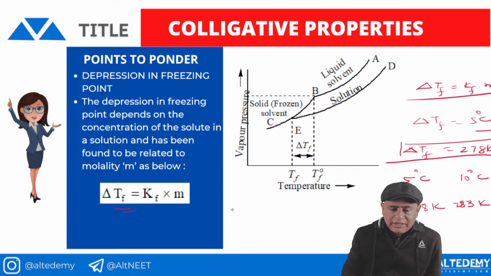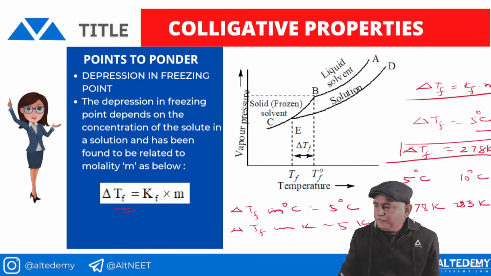Now, delta TF in degree centigrade will be 5 degrees centigrade. Delta TF in Kelvin is again 5 Kelvin. So if it is a change, delta TF has been written, you do not have to convert it into Kelvin scale. Remember it. Otherwise you will be committing a blunder. Got the point?